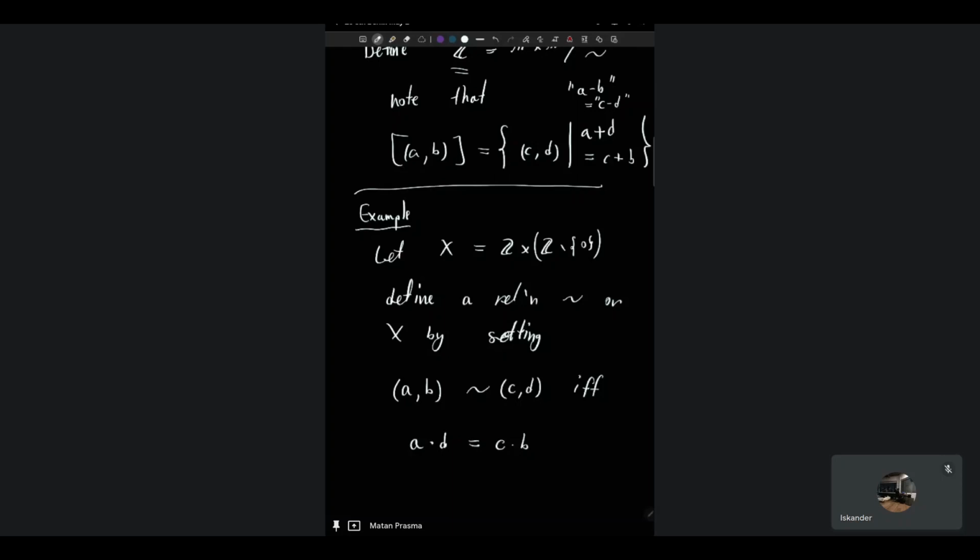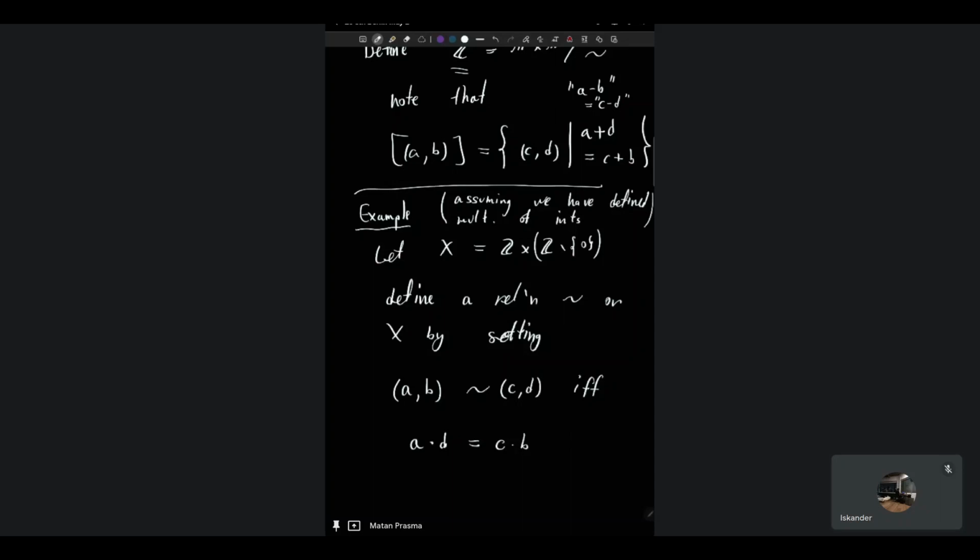So here I'm secretly assuming that we have defined multiplication of integers. So this is just to be complete, assuming we have defined a multiplication of integers.